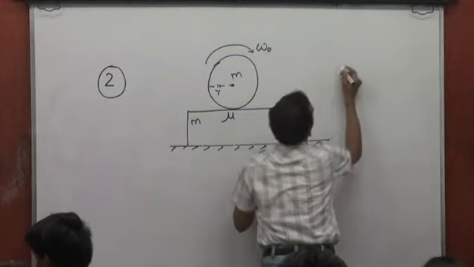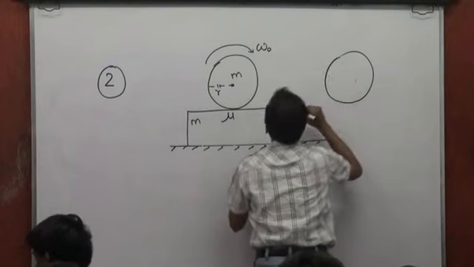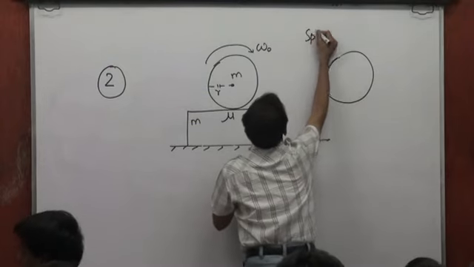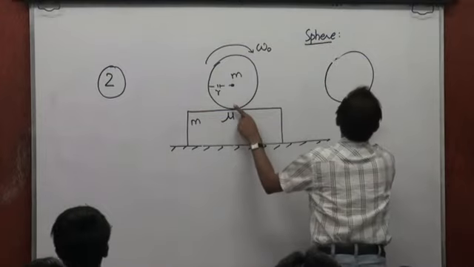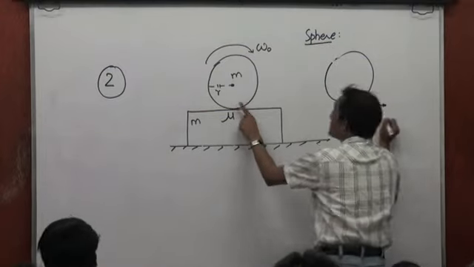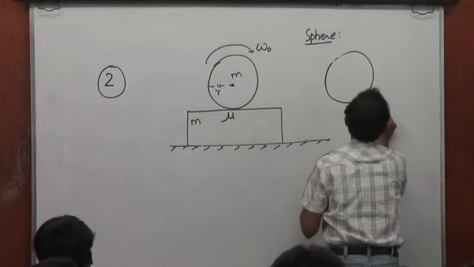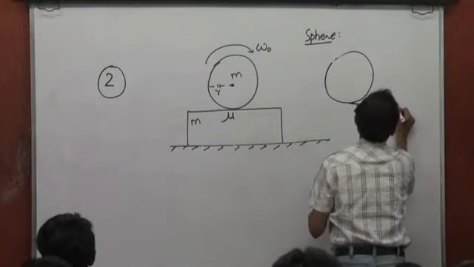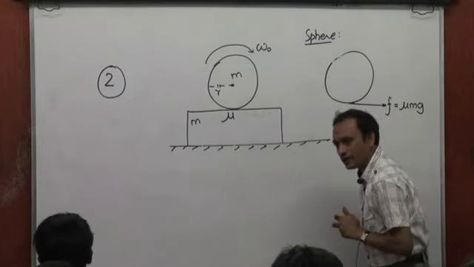So for the block then, for the sphere, forces act. Well, there is frictional force, it's not static, it's going to be kinetic, approximately maximum static. Frictional force F in this case is rightwards, and I told you why it's going to be rightwards on the sphere.